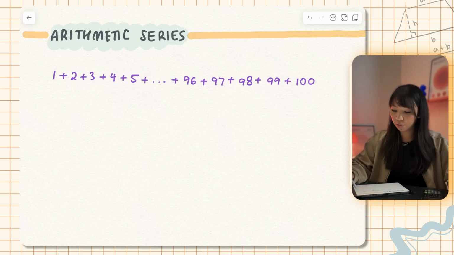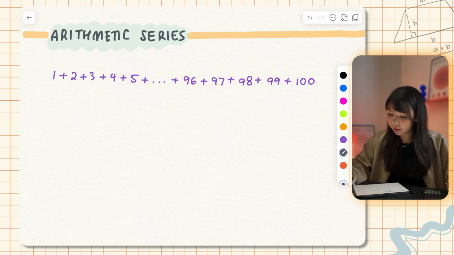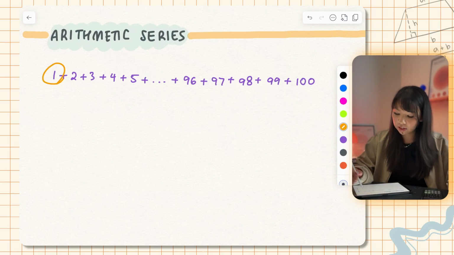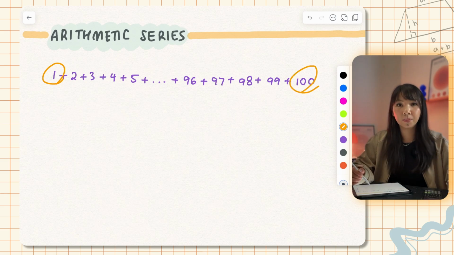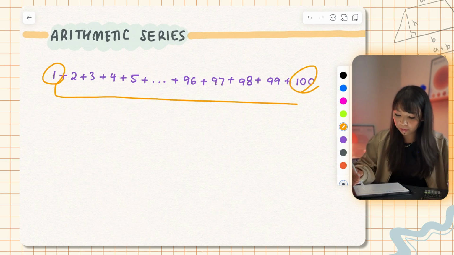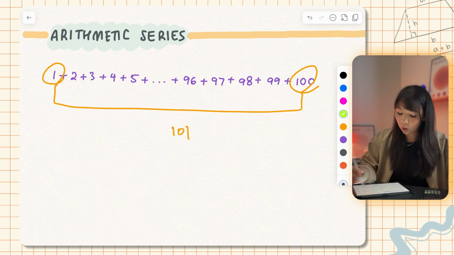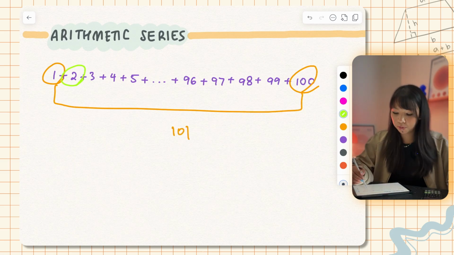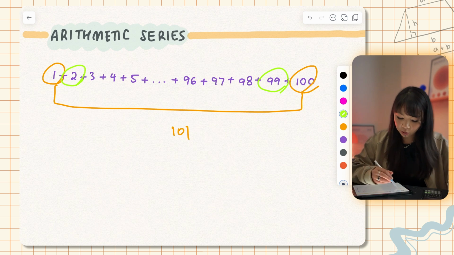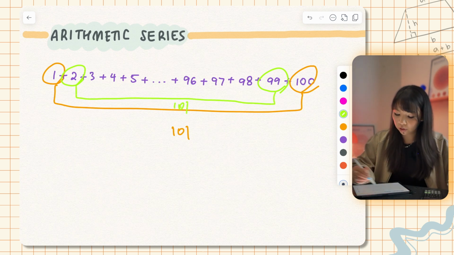And the pattern that he recognized was that if you take the first term and the last term and you add them up, you're going to notice a pattern. In this case, they add up to 101. What about if I get the second term and the second last term? If you also add them up, you also get 101.